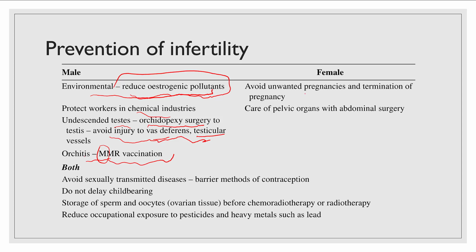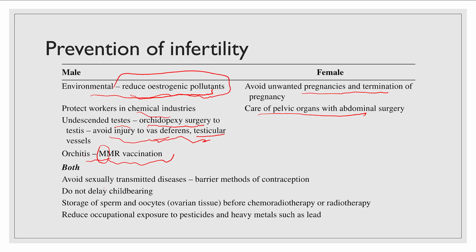In the females, anything to do with unwanted infections or terminations of pregnancy should be avoided, because that will damage or cause infection in the endometrium and the tube and can impair their fertility. Any female with abdominal pain has to be treated with utmost respect, especially if they are young, because their tubes or pelvic organs can get damaged and you will end up with a fertility issue.